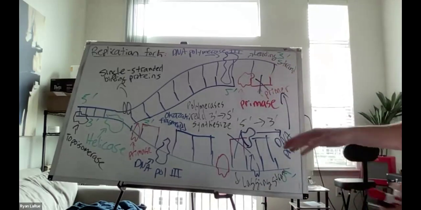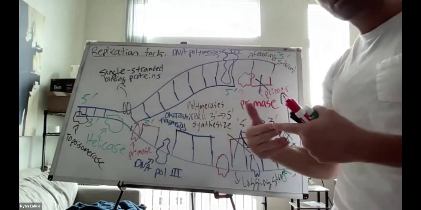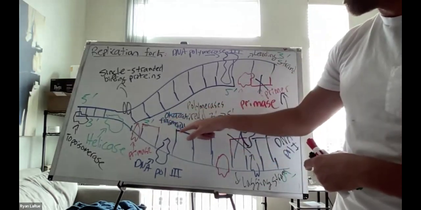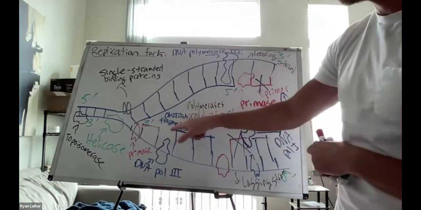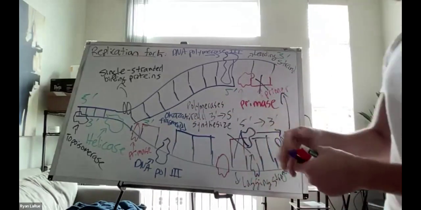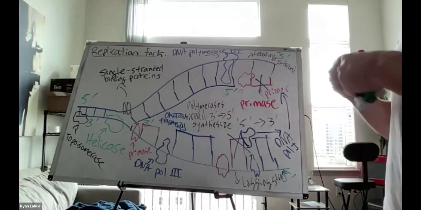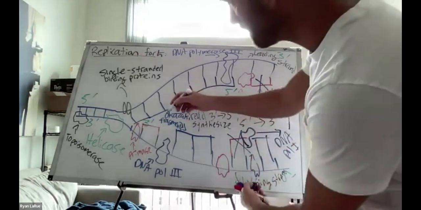Now, that still leaves these gaps in between. So to connect the sugar phosphate backbone, so like a sugar and a phosphate, to connect them together and catalyze that bond, there's another enzyme, our last enzyme we'll talk about, called DNA ligase.